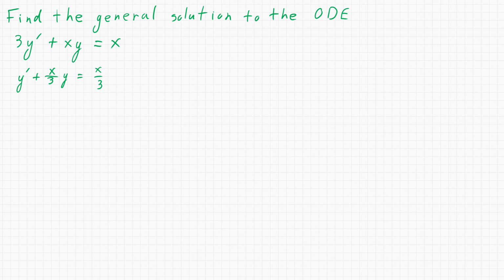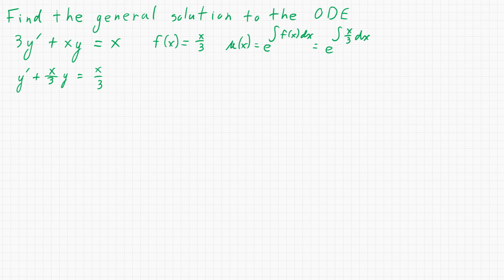All right, next step, find the integrating factor. So first identify f of x, which is this x over 3. Integrating factor mu of x equals e to the indefinite integral of f of x dx. So that's e to the indefinite integral of x over 3 dx.